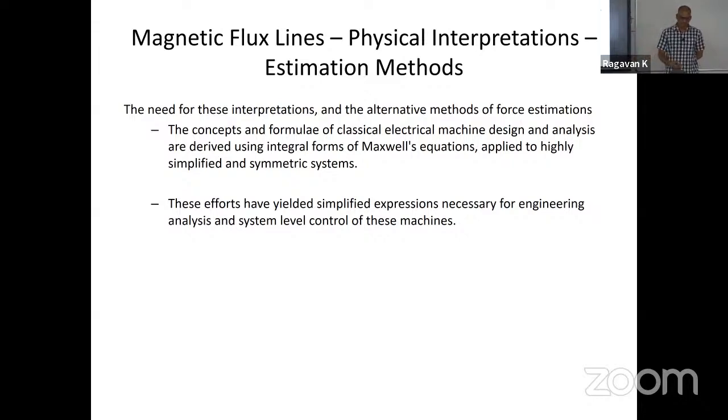For example, you would like to understand what happens to inductance as you increase the machine diameter. What happens to the back EMF if you are increasing the speed? You don't want to sit and analyze Maxwell equations. You want to derive some equations that are handy and use them. So there is significance, and the simplified expressions have meaning.